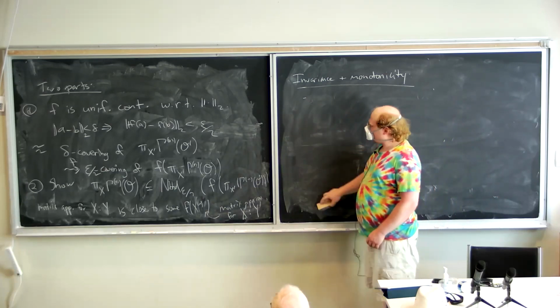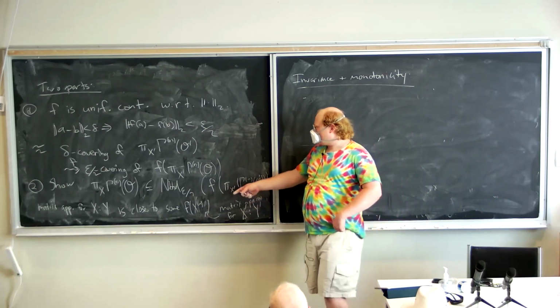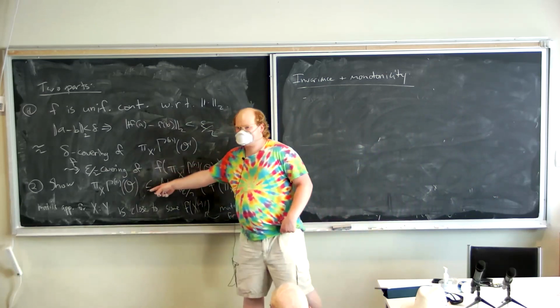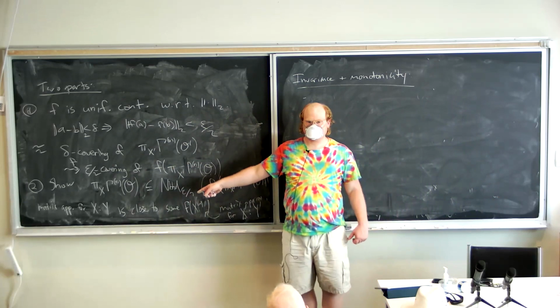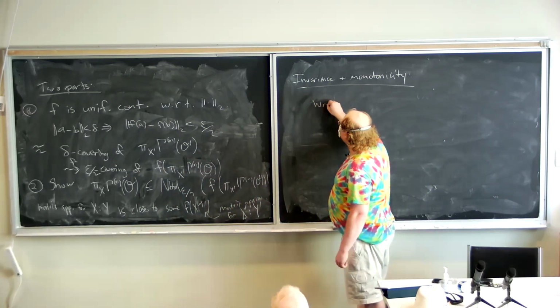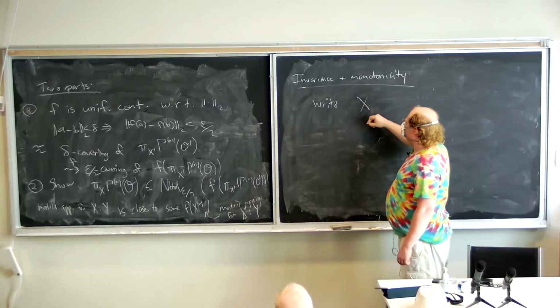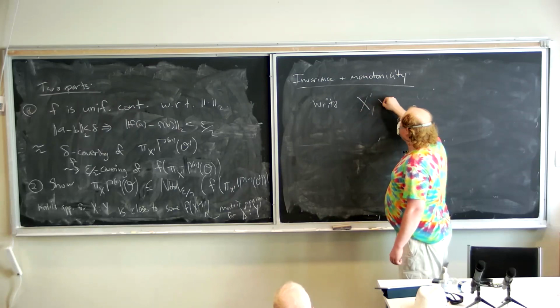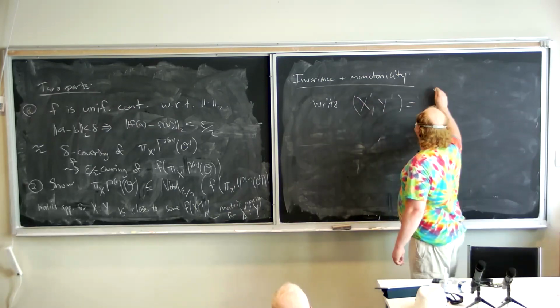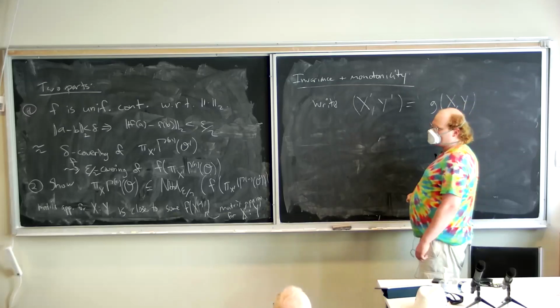Okay, so how do we achieve that? That the matrix approximations here are close to f of some matrix approximation for the others. Well, here we now use the fact that x prime and y prime can be expressed as a function of x and y.